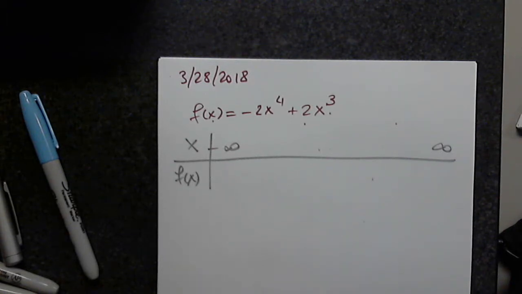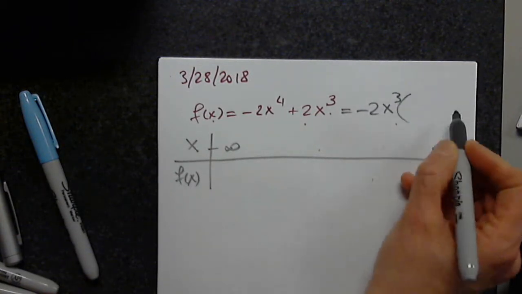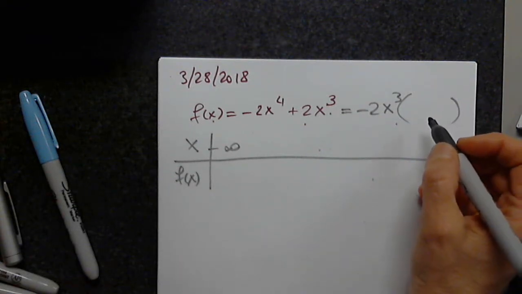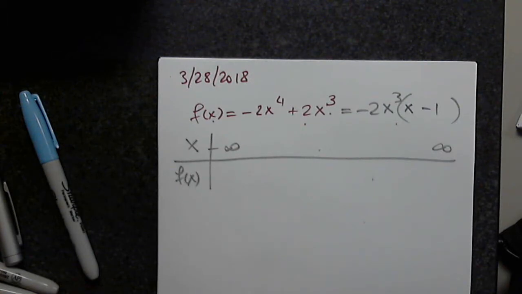Good. What do you think I'm going to do next? Factor out negative 2x cubed. We have to look at the function and understand what it says to us. So obviously I will have to factor out negative 2x cubed, and then in parentheses I have x minus 1, indeed.